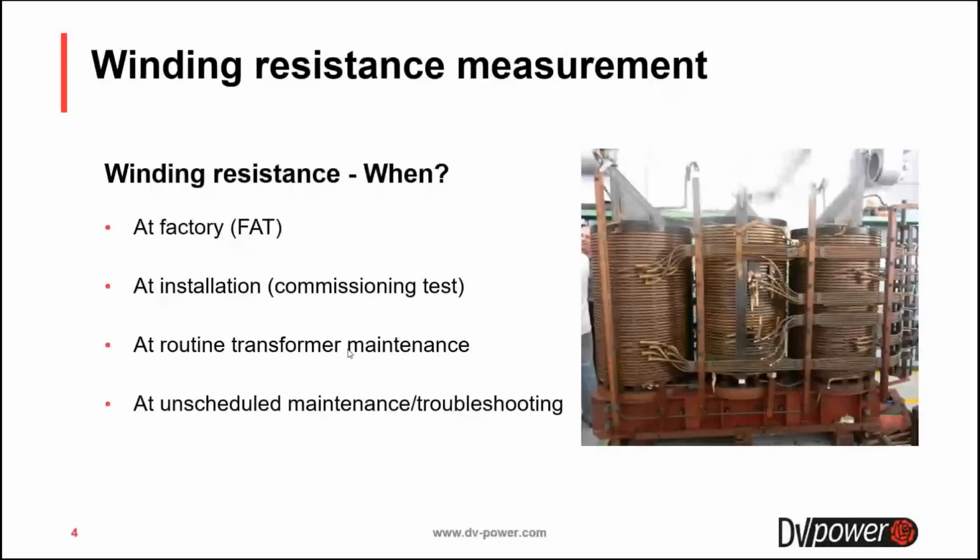Or at routine transformer maintenance, regular maintenance is performed in order to check the condition of the transformer units and ensure reliability. And we can measure also at unscheduled maintenance or troubleshooting after some faults. One of the first measurements we do after a fault is winding resistance measurement.